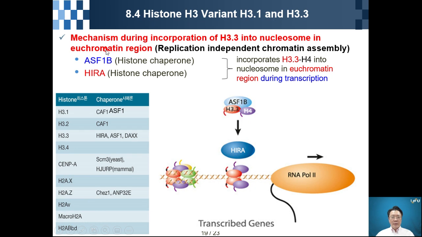We call this mechanism the DNA replication independent chromatin assembly. Okay, so in this procedure, two histone chaperones are involved in this step. For example, this is the histone variant, especially this one is histone H3.3, and histone H3.3 has a unique chaperone.